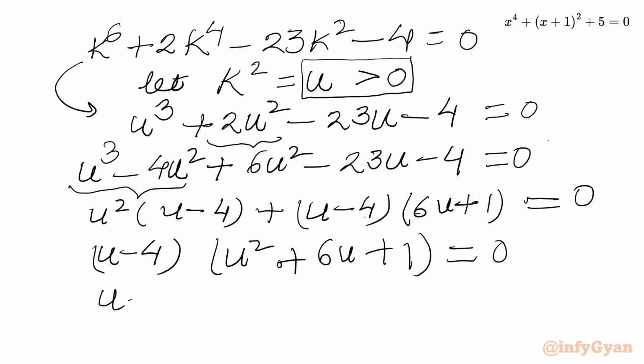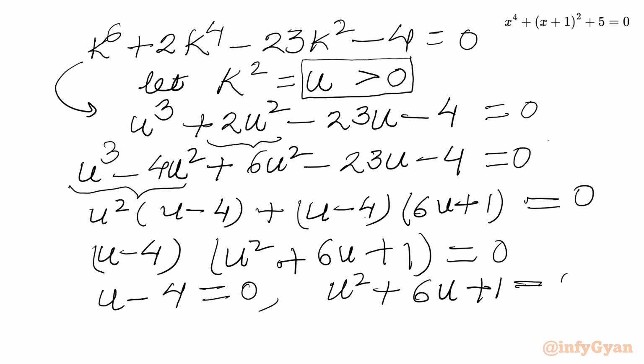So we will write either u minus 4 equal to 0 or u square plus 6u plus 1 equal to 0. I will take the second equation first.